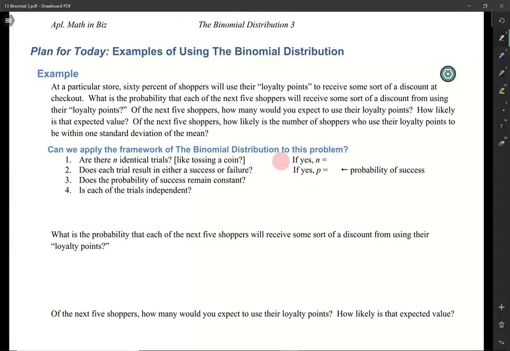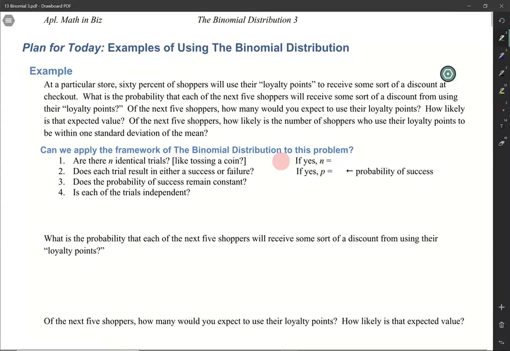We started to look at this binomial distribution, and it's a family of functions of probability distributions, and it's what's known as a discrete probability distribution.